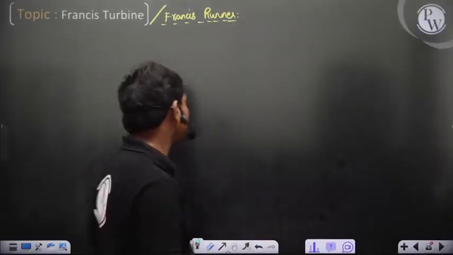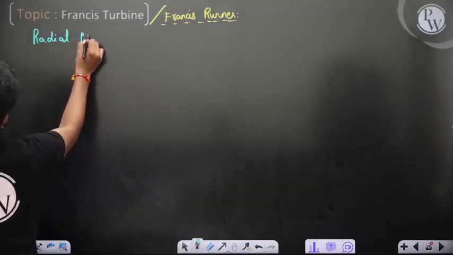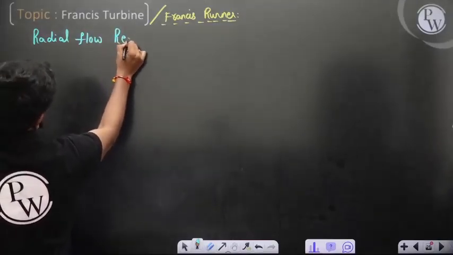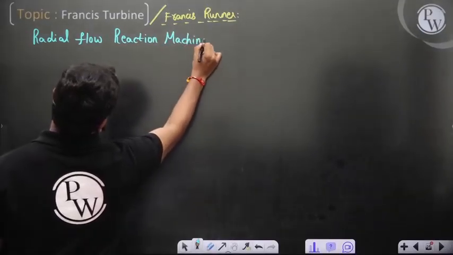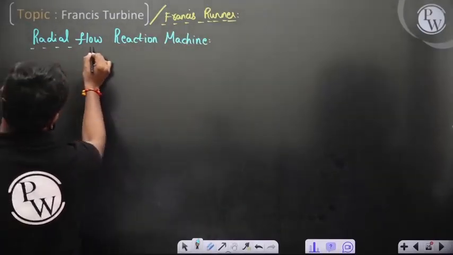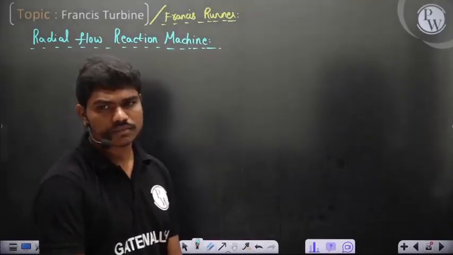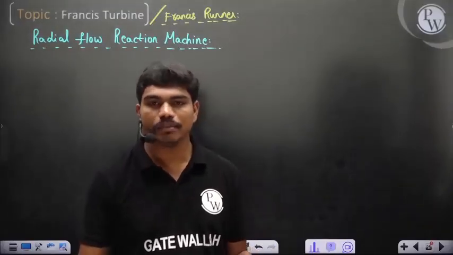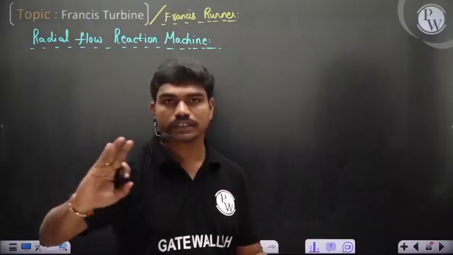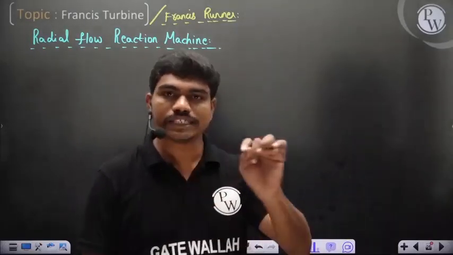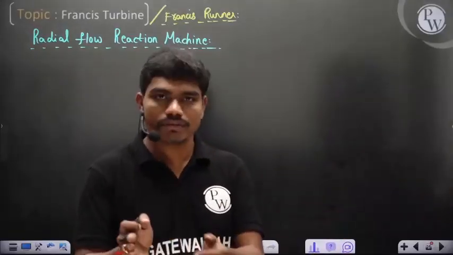It's basically a radial flow reaction machine, of course, and the name itself tells you the bulk flow is in the radial direction. It moves along the radius, but of course it has tangential components. Radial flow doesn't mean the flow has only a radial component of velocity. The bulk motion of the flow is in the radial direction, but it can have tangential components as well.